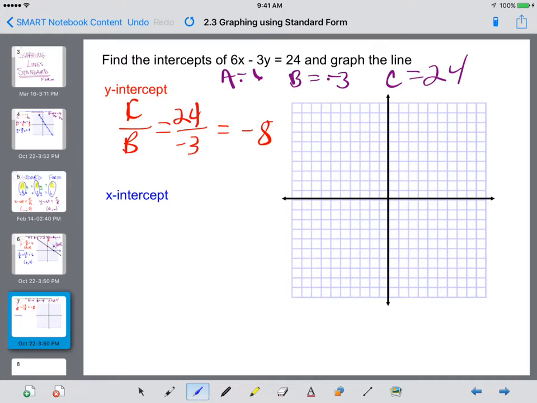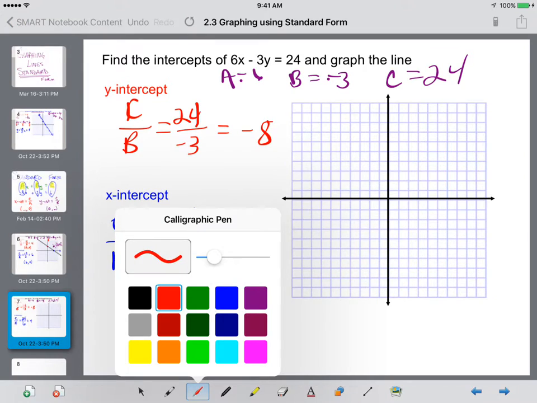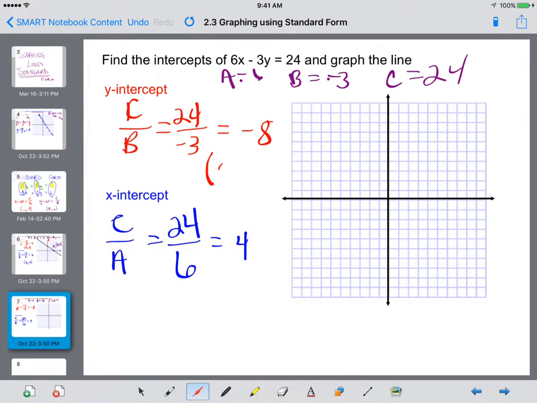And then I need to take C divided by A to get the x-intercept. So 24 divided by 6 equals 4. So my y-intercept, the x value is 0, the y value is -8, so it's the point 0, -8. The x-intercept, the x value is 4, the y value is 0, so it's the point 4, 0.